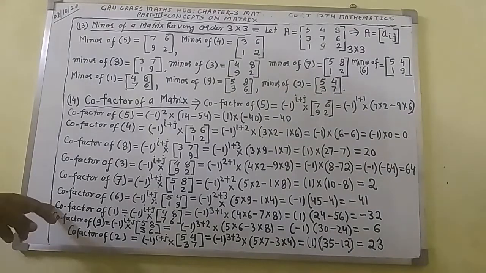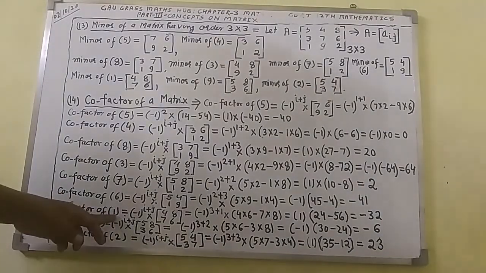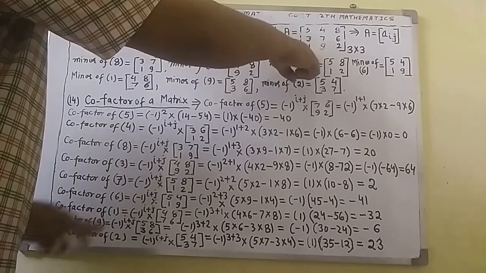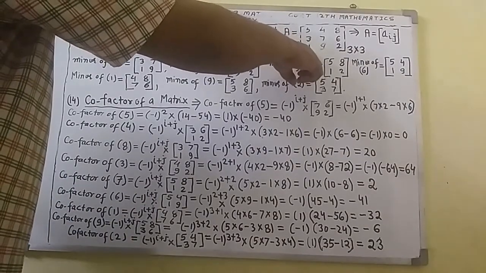Now, the cofactor of element 1. You have to locate element 1 in the given matrix. In the given matrix, you can see element 1 is in the third row, first column.